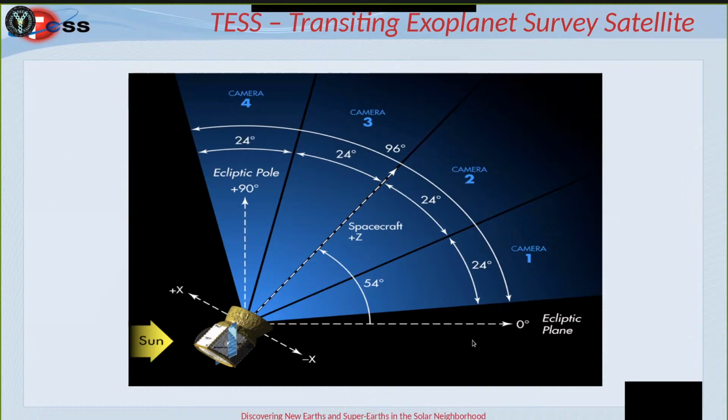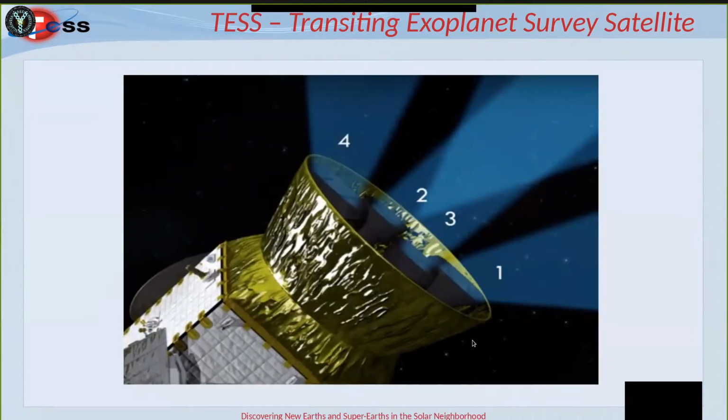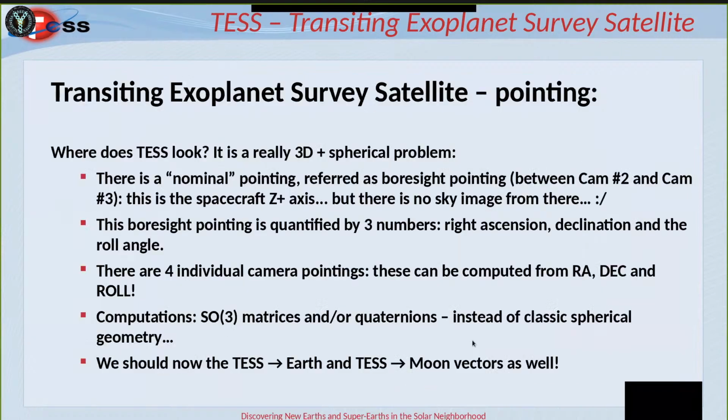This is the cross-section of the field of view. And this is an interesting image of how light goes into the TESS cameras. Of course, you don't see such beams leaving the cameras, but the light is entering the cameras. So let's go.